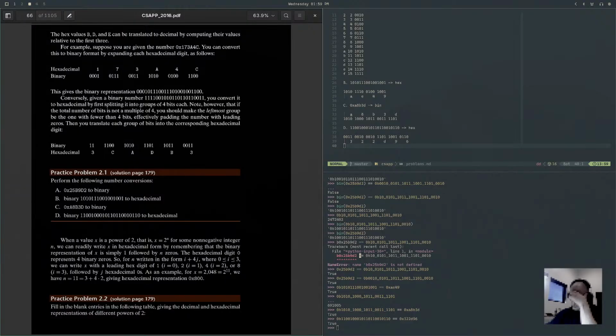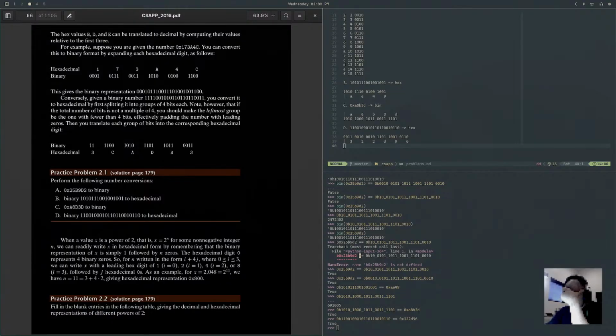I'm not understanding what you're saying here. When a value x is a power of 2, say 8, so that's 2 times 2 times 2 is 2 to the power of 3. That is, x is equal to 2 to the power of 3. For some non-negative integer n, yes, we can readily write x in the hexadecimal notation form by remembering that the binary representation of x is simply 1 followed by 3 zeros.